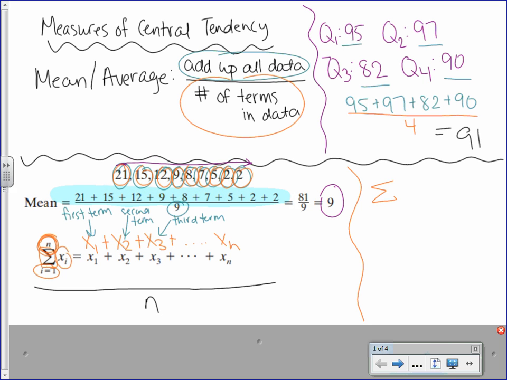So my summation would start at the first term and go all the way up to the 9th term. I would be adding up my x sub i's, my first term, second term, third term, all the way up to the 9th term. That's my numerator, and then I would divide by 9. So this is the sigma way to write that long list.